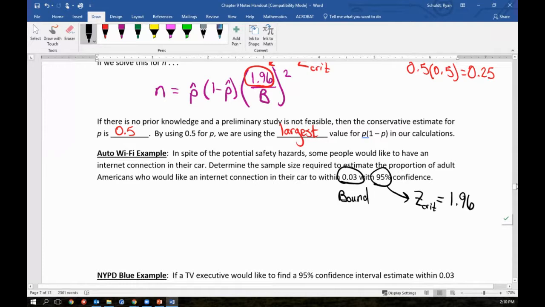Okay, let's see. I know my bound. I know Z crit. Do I know P? No. So if no P is given, what do I use? Use P equals 0.5.